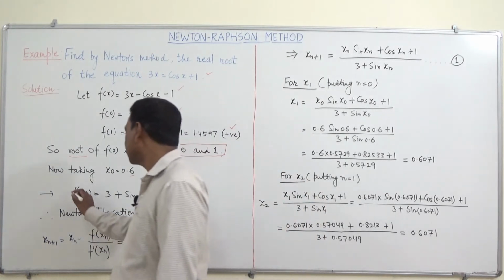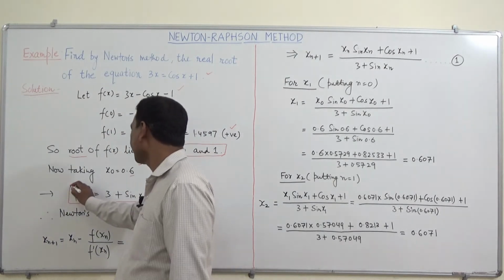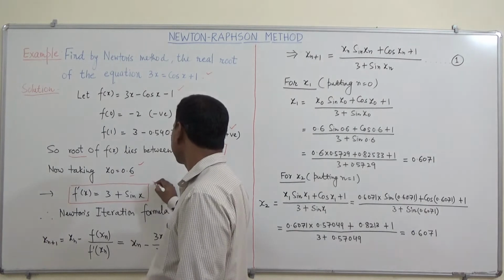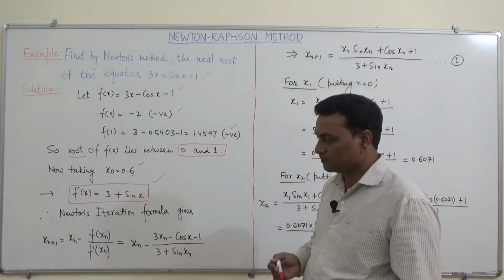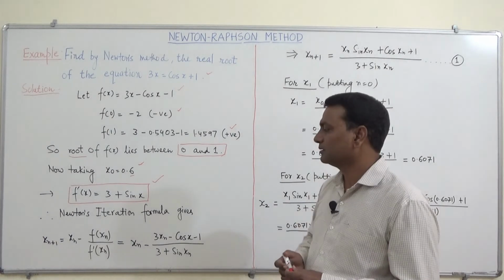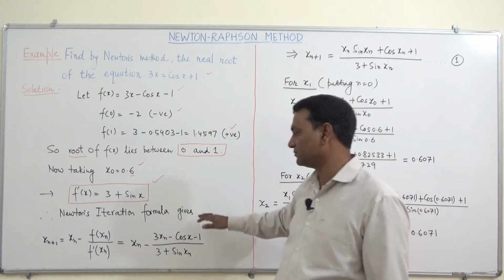So the value of f dash x comes out to be 3 plus sin x. Now we will see the Newton-Raphson formula or Newton's iteration formula.